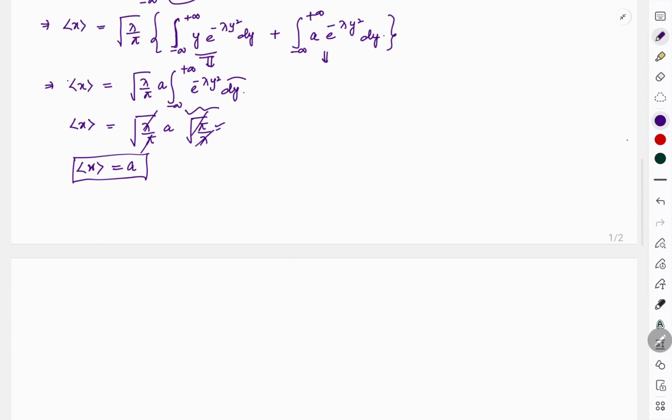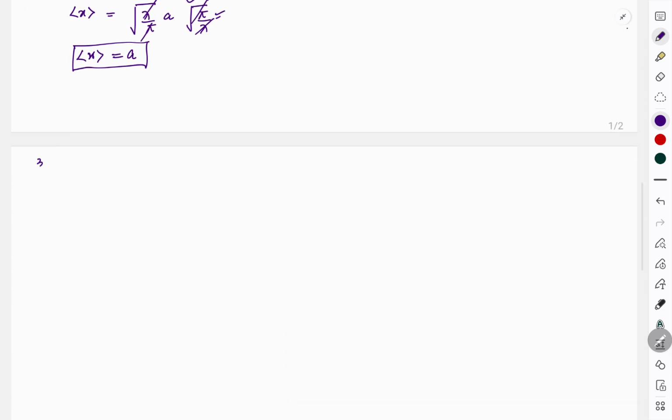Now let's move directly to the third part, which is expectation value of x square. So using the definition, the integral from minus infinity to plus infinity of x square rho of x dx equals the integral from minus infinity to plus infinity of x square A e power minus lambda (x minus a) whole square dx.